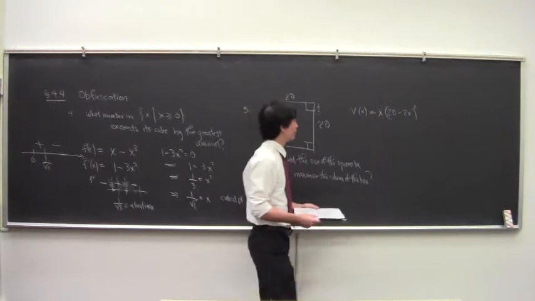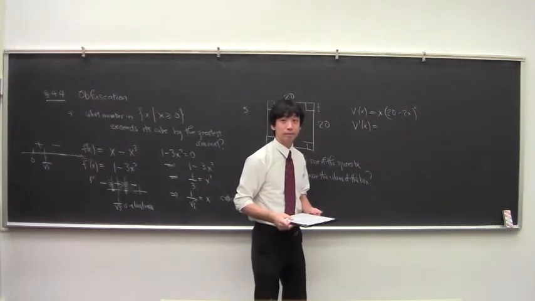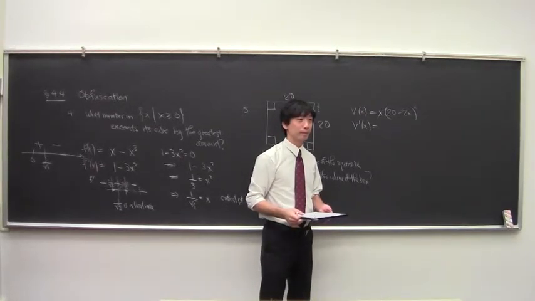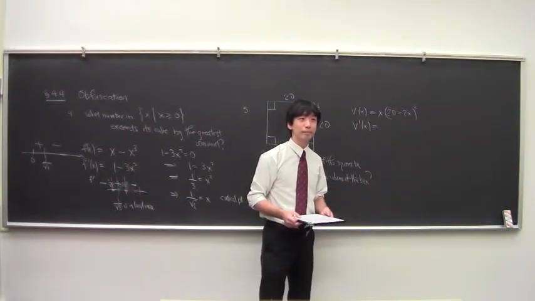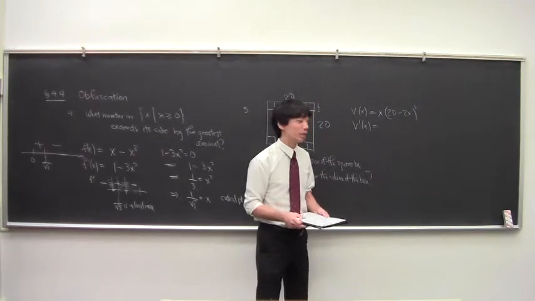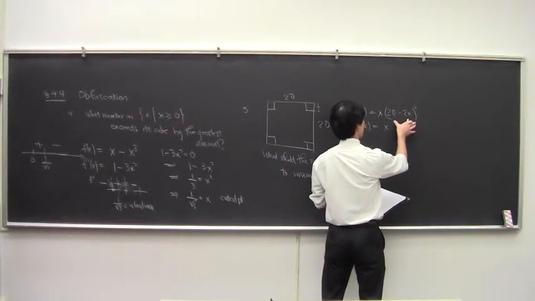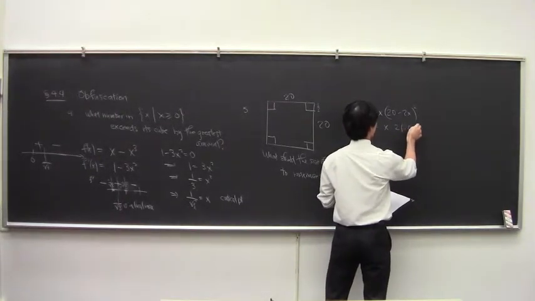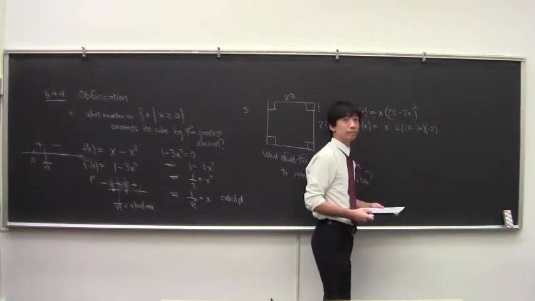And then, what do we need to do? We'll differentiate it. What happens when we differentiate it? The product rule, thank you. So you get the first times the derivative of the second. What's the derivative of the second, Robert? 20 minus 2x, so minus 2. Negative 2? Yeah.